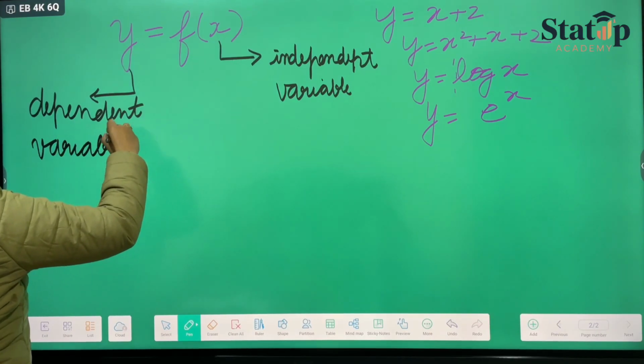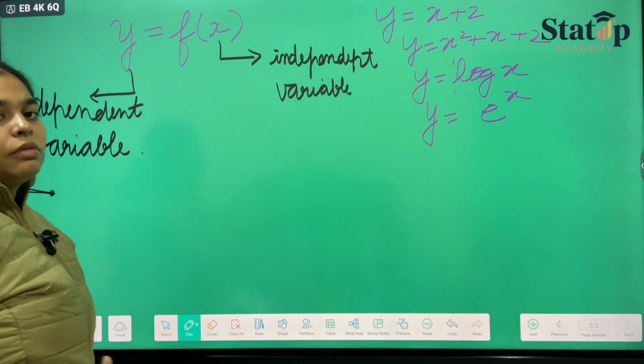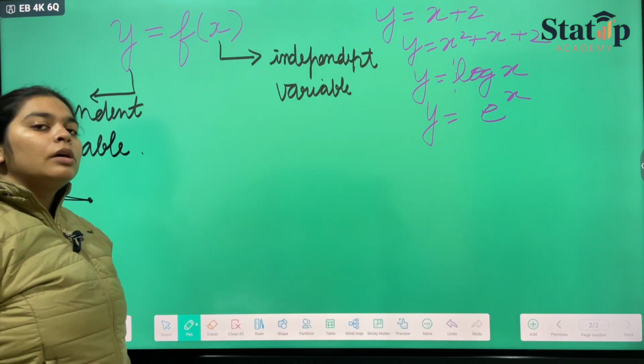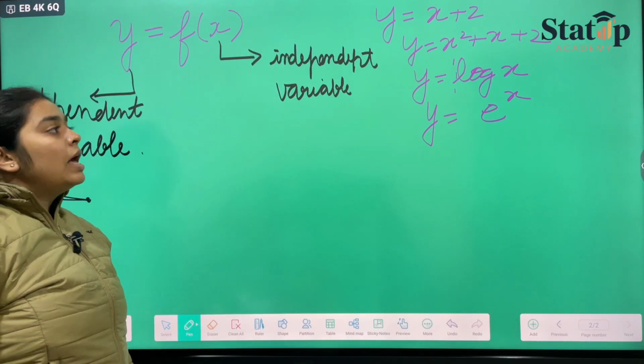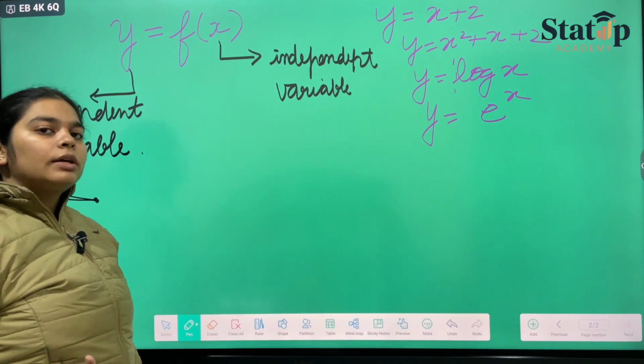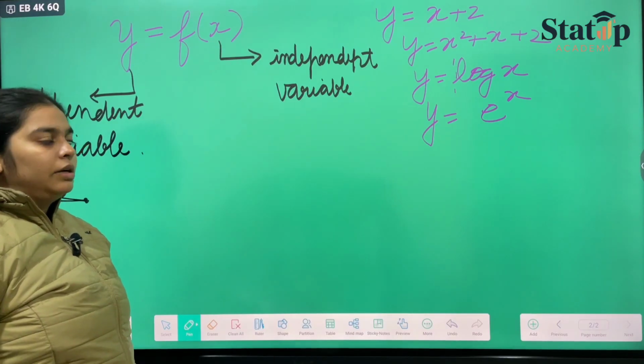What are independent and dependent variables? This we have done in econometrics as well. The variable which depends on another variable for obtaining its value is known as the dependent variable, and the variable which does not depend on any other value and exists independently is known as the independent variable.